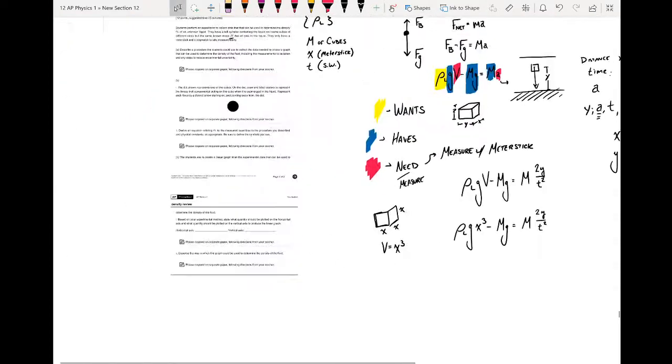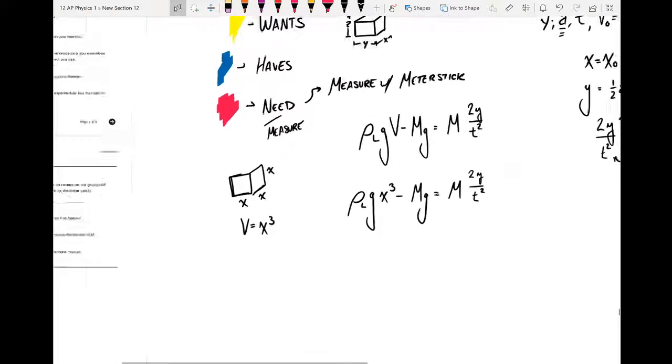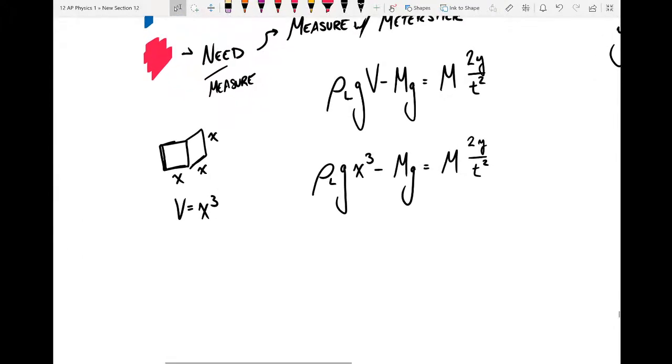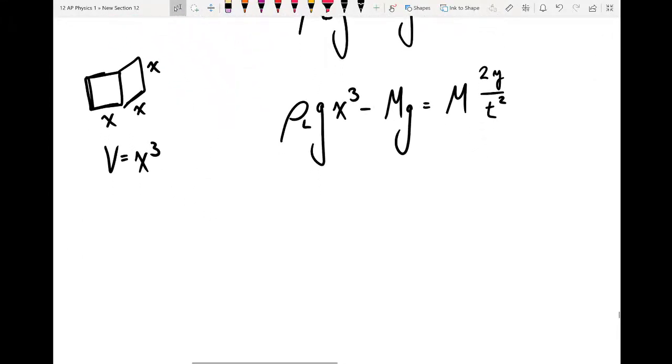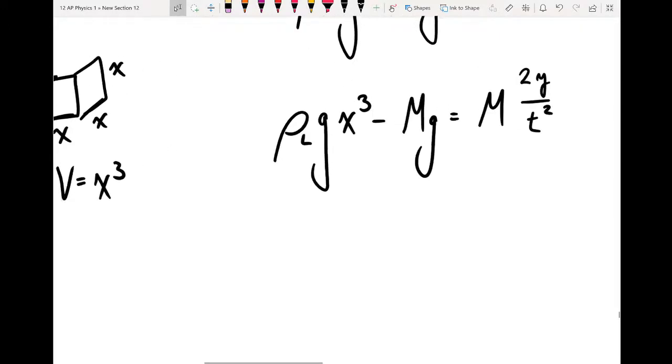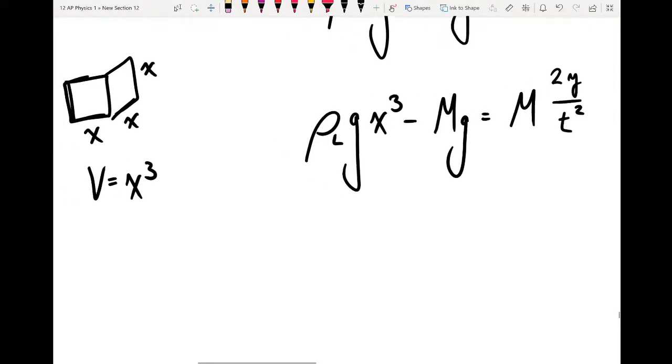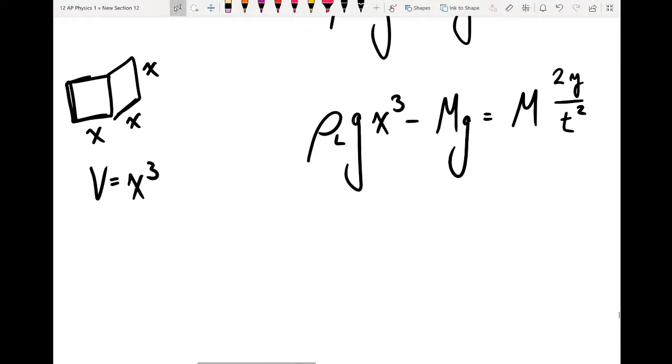And we said that we wanted the ability to figure this out with a linear graph. So I want rho to show up in my linearized graph. I really want it to act as a slope.